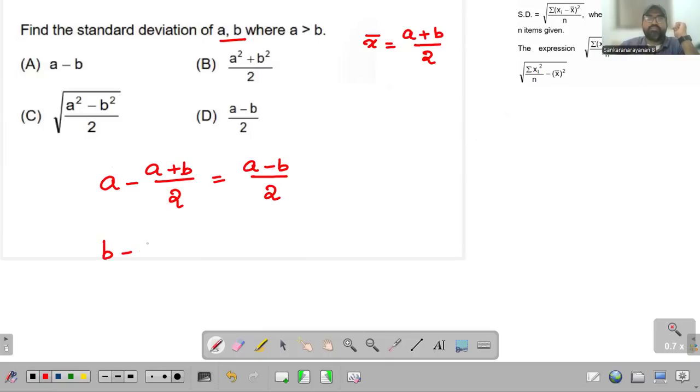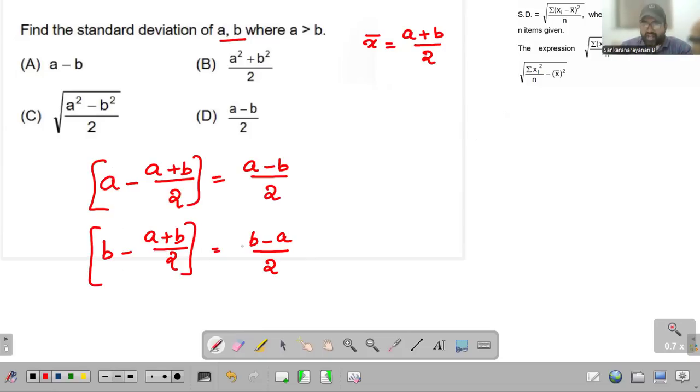Similarly, you find B minus (A plus B) by 2. That is really nothing but (B minus A) divided by 2. So you have calculated how much these individual values are deviated from the arithmetic mean.